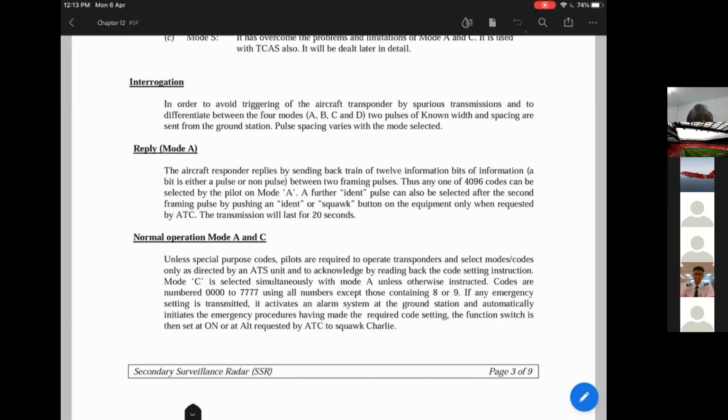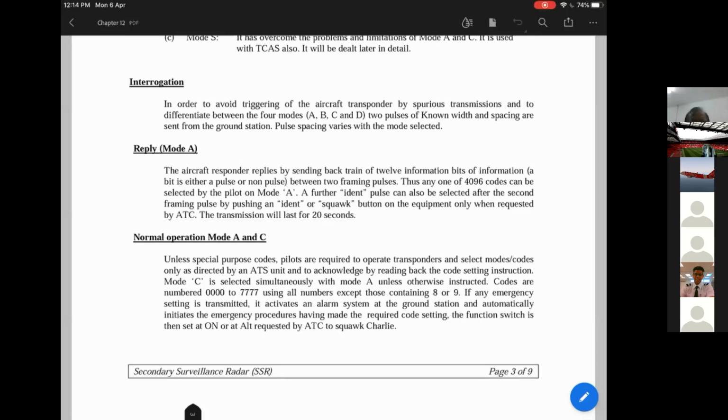There's a particular switch on board the aircraft called the squawk switch or the identification switch. Once you press that, your information on the ground will start blinking, your position, and the duration of this blinking is 20 seconds.